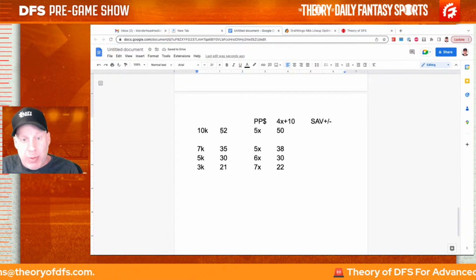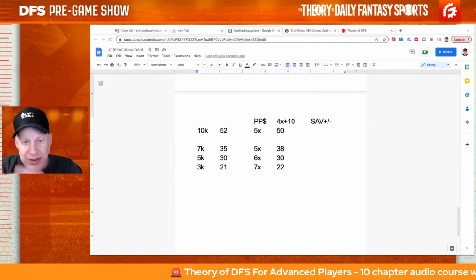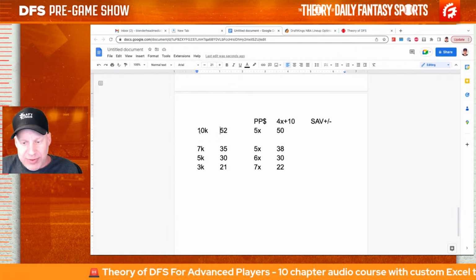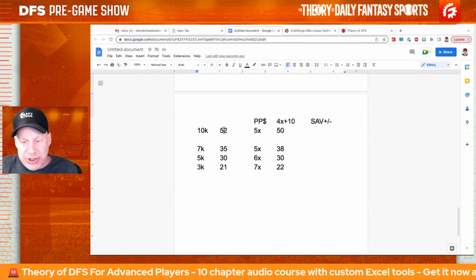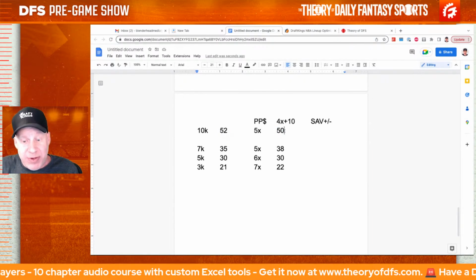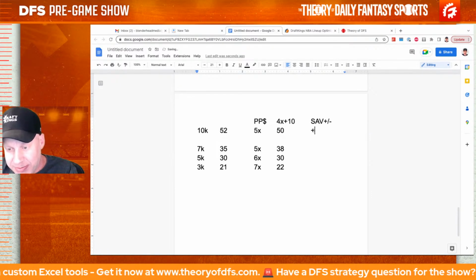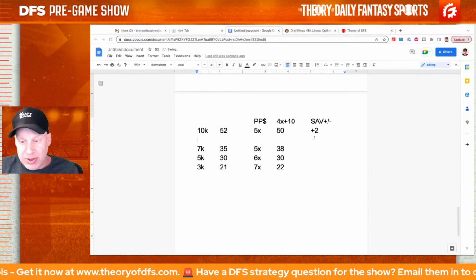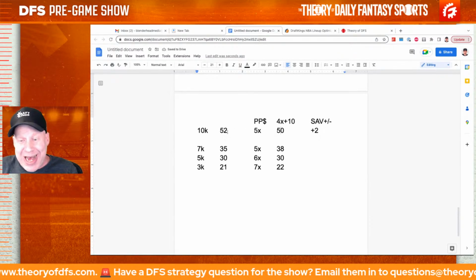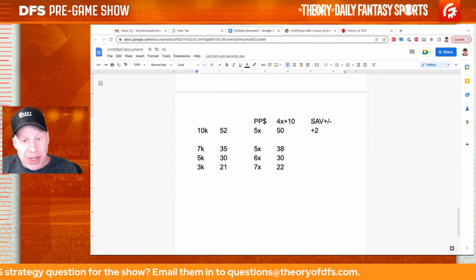Remember, whenever we say projection, we're talking about the mean, the middle, the average. So if this 10K player had a 52-point projection, our baseline for a 10K player is 50. So their salary adjusted plus minus is 2. They project for 2 points higher than they should for a 10K player.